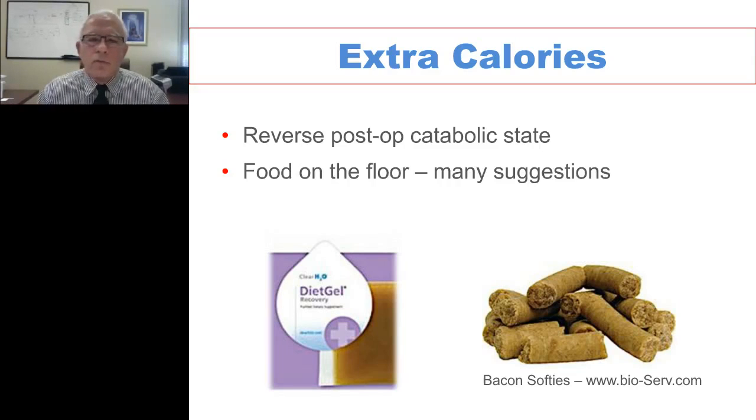There are many ways of doing this, but I'll give you a couple of examples that have worked for us here at the institution, and also at another institution where I'm the attending veterinarian, and I'll get into that in just a second. So the diet gels: one of the most recent studies that we've done, we did bone transplants into the tibia. As you all know, bone surgery can be quite painful.